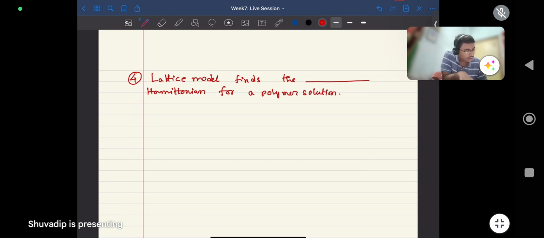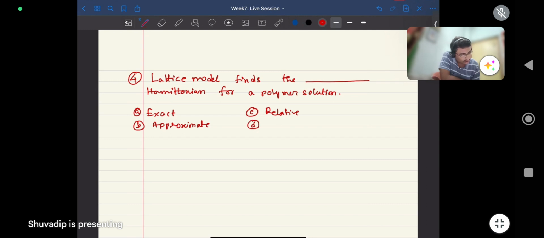Now, because this is a lattice model, there are options like A exact, option B approximate, C relative, D absolute.